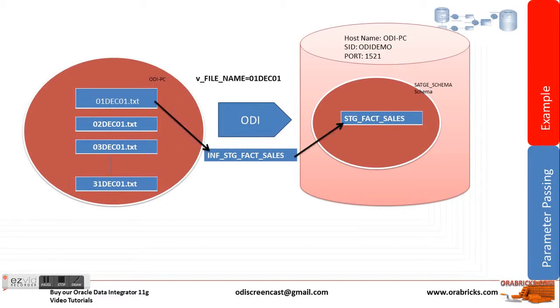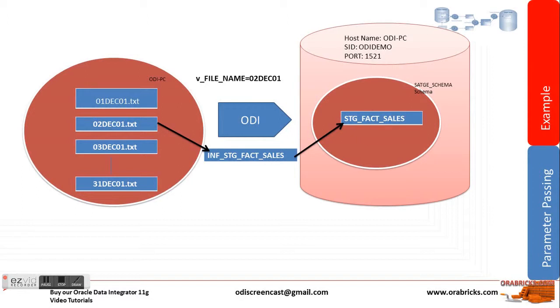For example, you pass 01 December 01.txt to the mapping with the variable v underscore file name. Basically you can pass the name of the file to the mapping, and then it will process that file. Suppose you have already processed the 01 December 01.txt file.